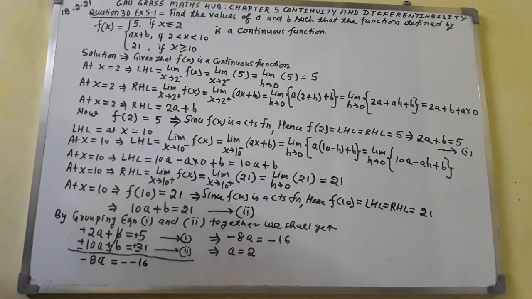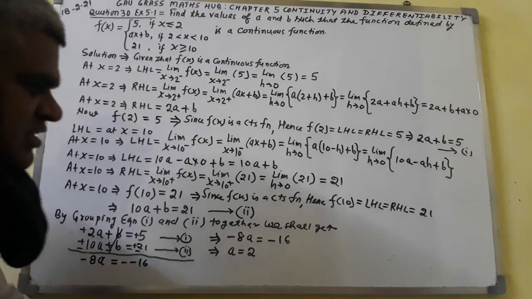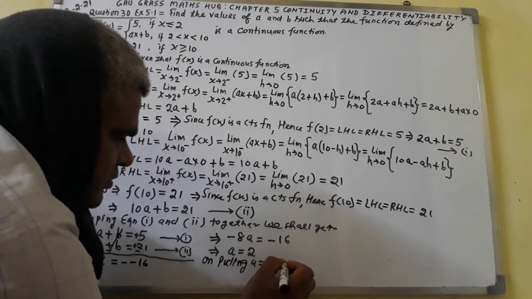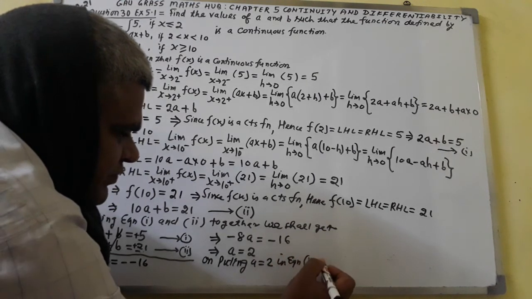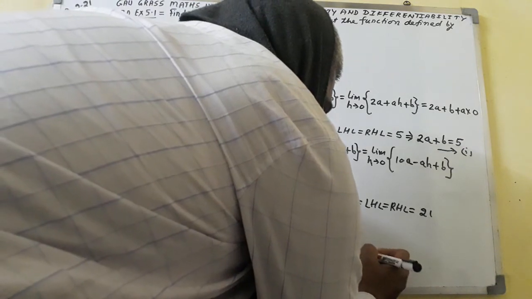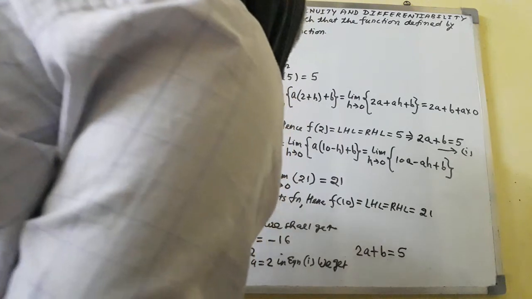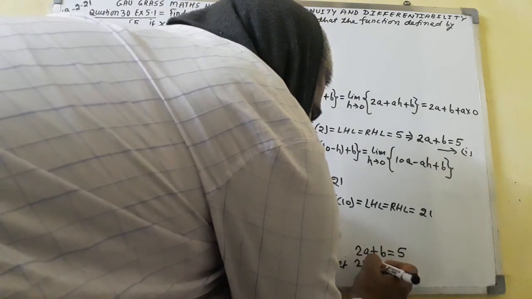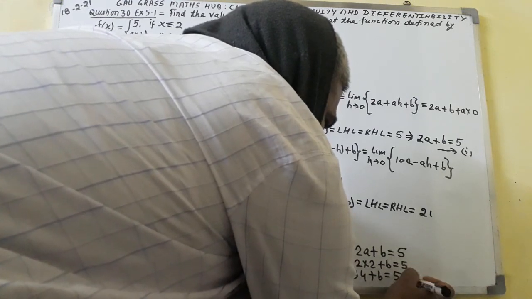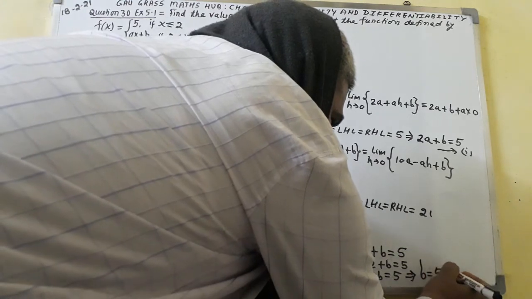Putting the value a equal to 2 in equation number 1, we get 2a plus b equal to 5. With a equal to 2, 2 into 2 plus b equal to 5, so 4 plus b equal to 5, b equal to 5 minus 4, which comes out to 1.